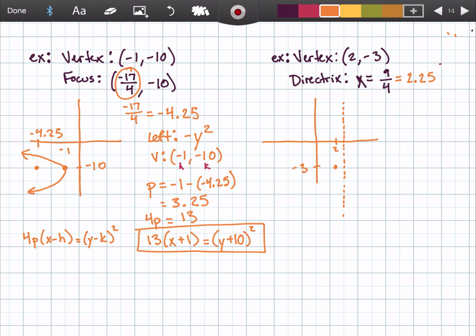Remember, if the focus is inside the parabola, this means the parabola opens away from the vertex.